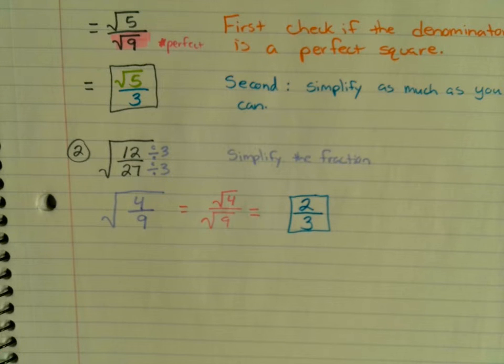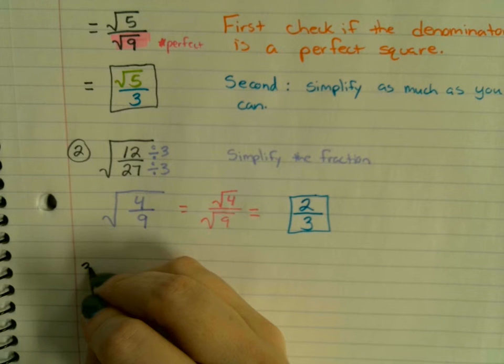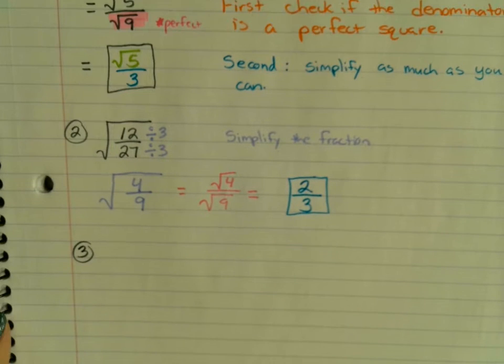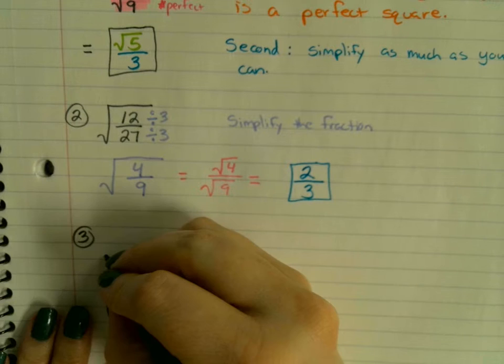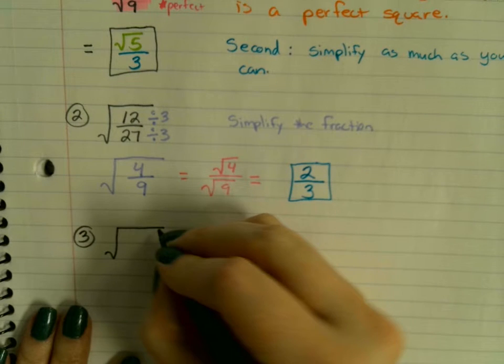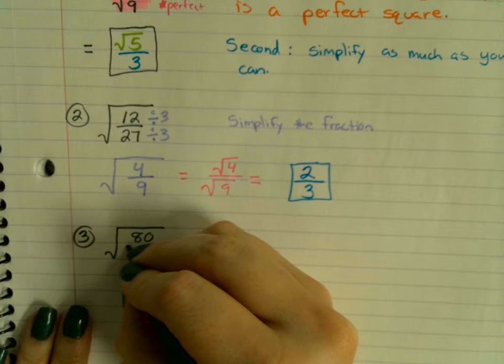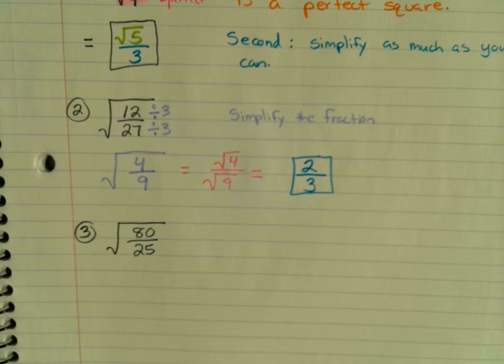Because there might come a time when you have a perfect square for the denominator, but you could also simplify. You don't want to simplify yet. So for example, I have the square root of 80 over 25. 80 over 25 can be simplified, can't it? They're both divisible by what? 5. They're both divisible by 5.